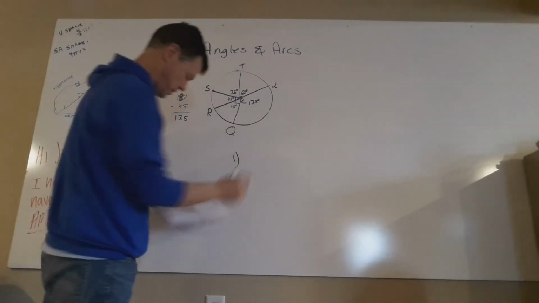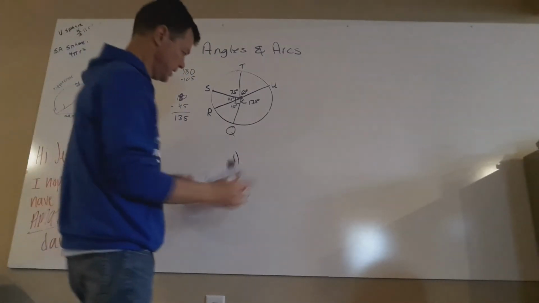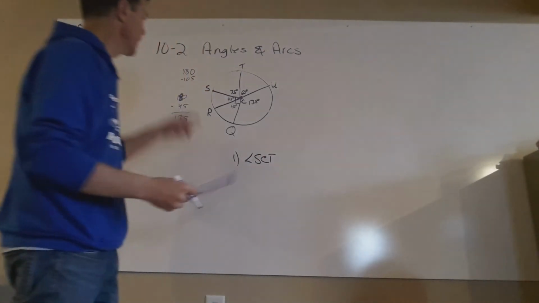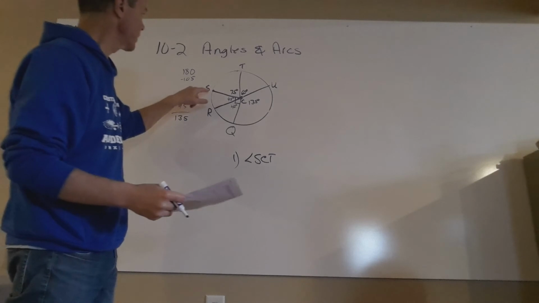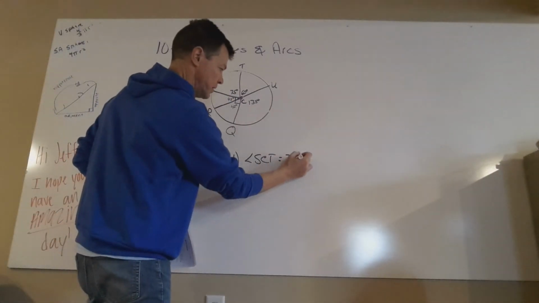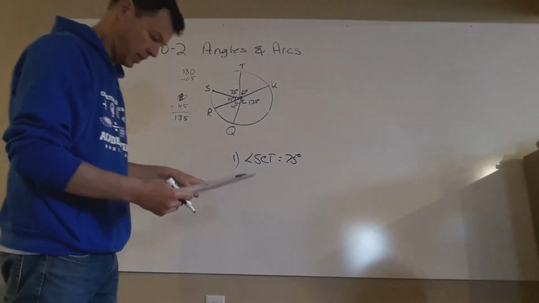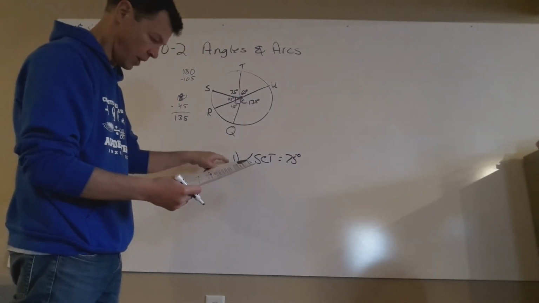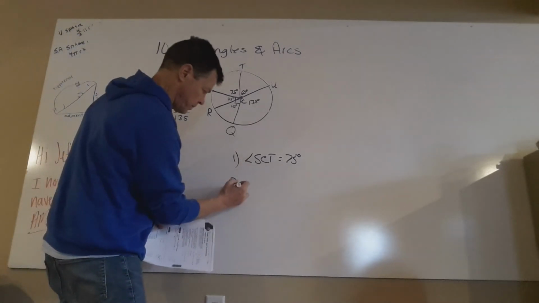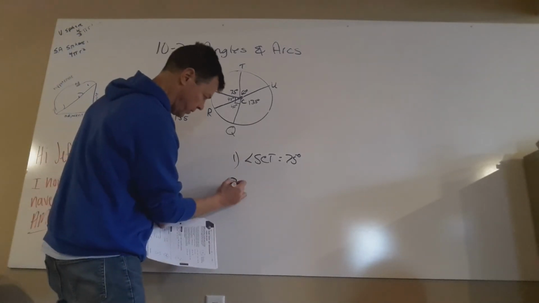Number one, measure of angle SCT. All right, SCT, we've done all the hard work. Angle SCT, we already calculated that to be 75 degrees. Angle 1 is 75 degrees. Problem number 1. Actually, I'm going to do number 3.